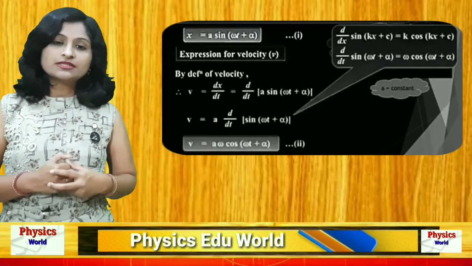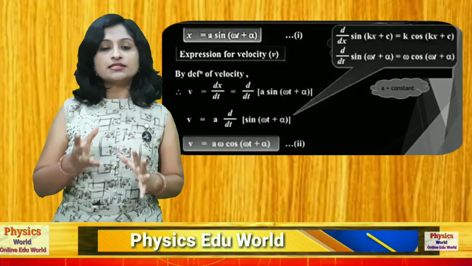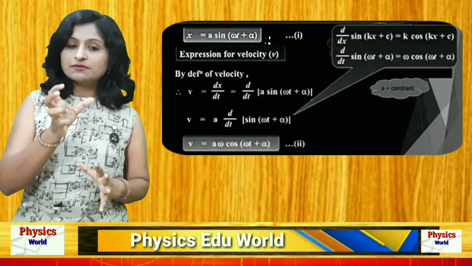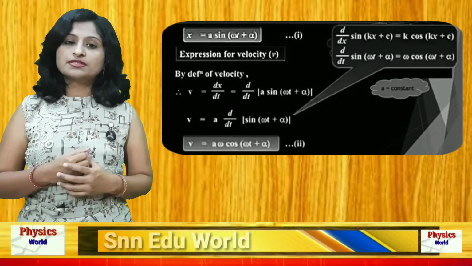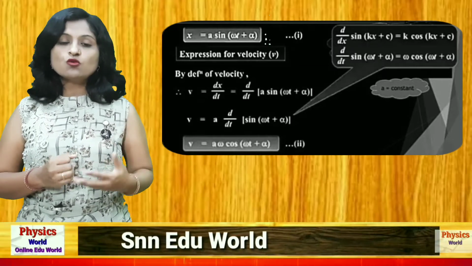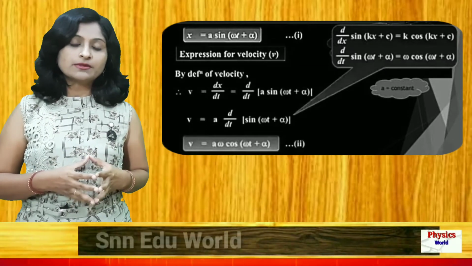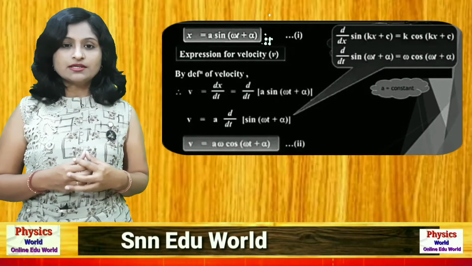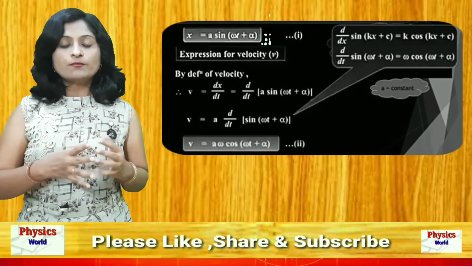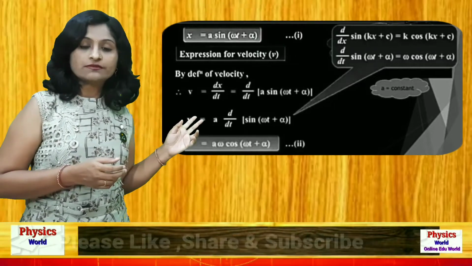If we differentiate with respect to t, the term t is also included inside the sine, in omega t. So its differentiation is also compulsory. The differentiation of omega t will become omega only: omega into dt by dt is omega only. So one omega we have to keep in multiplication with this term.